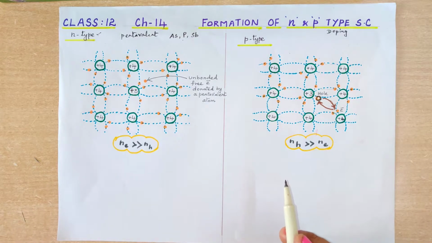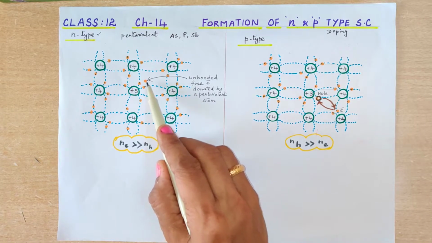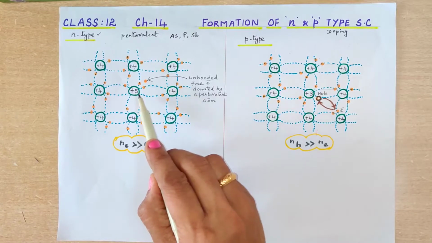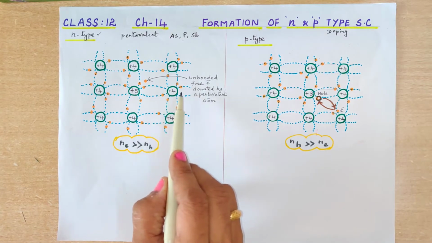Hence, these semiconductors have free electrons contributed by the impurity atom as well as by the thermal process. By the thermal process, there is always jumping of electrons from the valence band to the conduction band, and hence there is always contribution of electrons due to the thermal process as well as by adding such pentavalent element with these semiconductors.